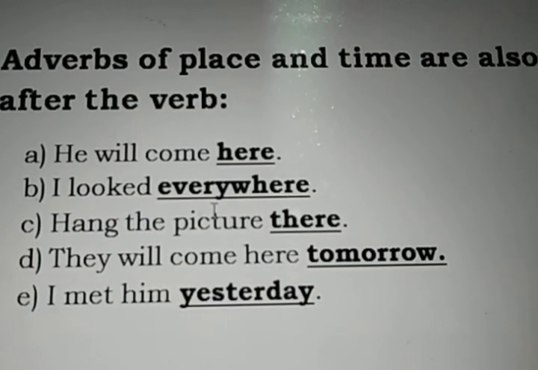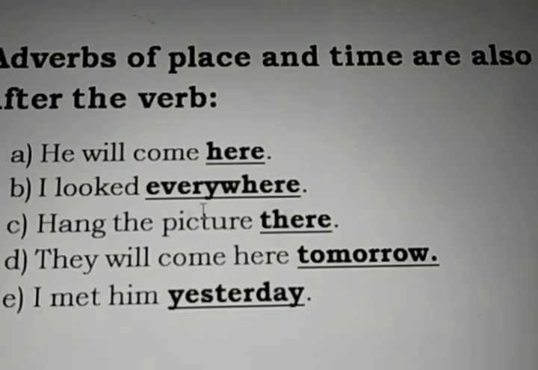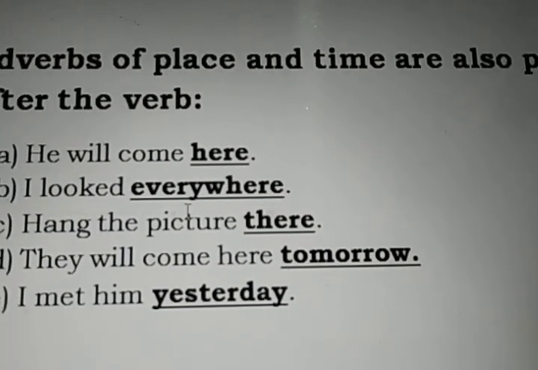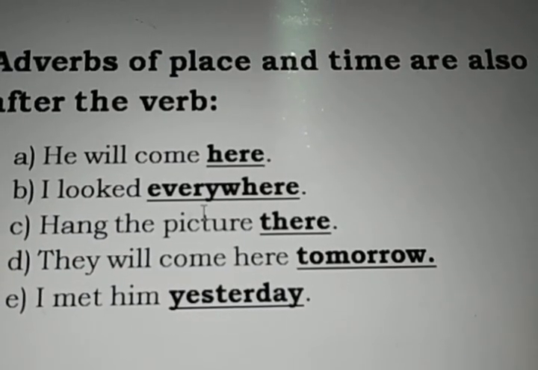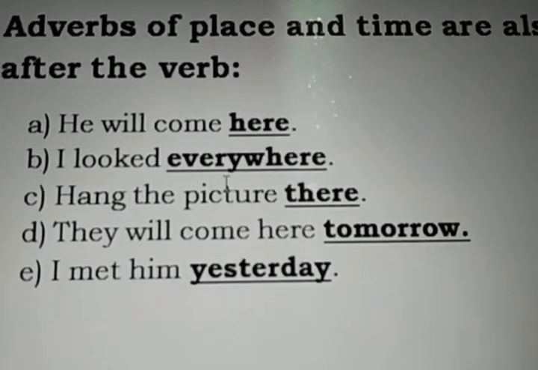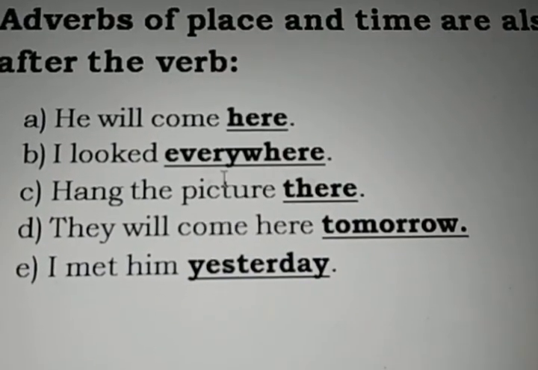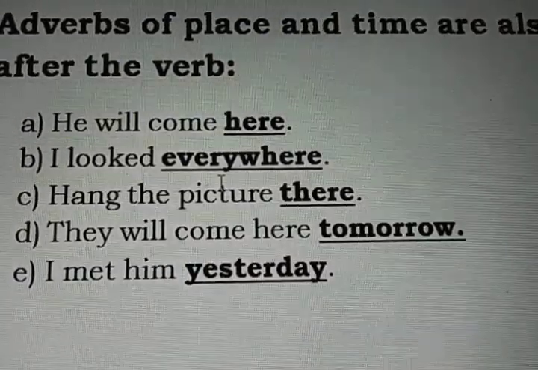First one is your adverb of place, that is here, and the adverb of time, that is tomorrow. So we are keeping these two adverbs after the verb, that is come. I met him yesterday. So here yesterday is your adverb of time and him is your object. So we keep it after the object.